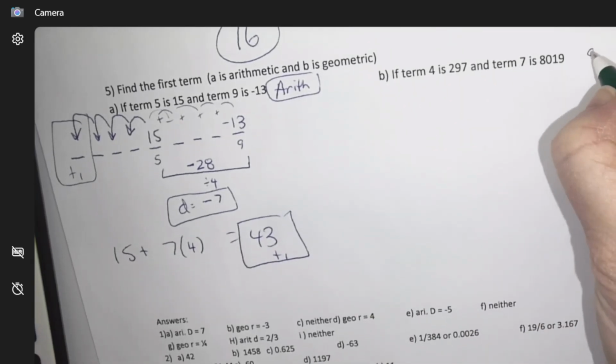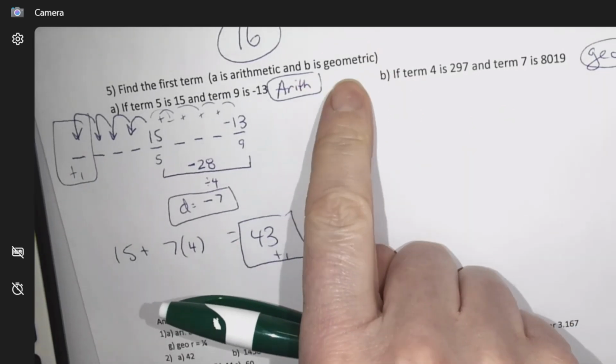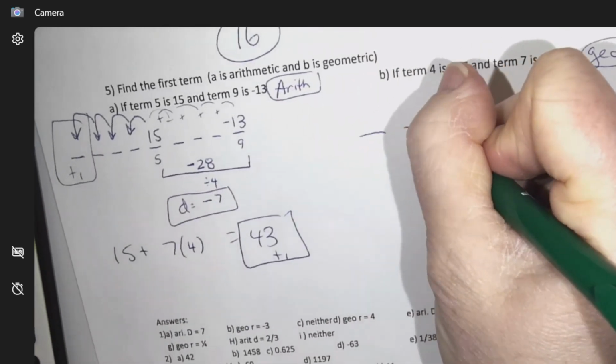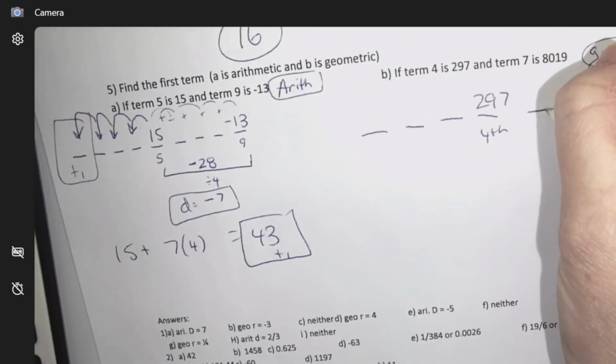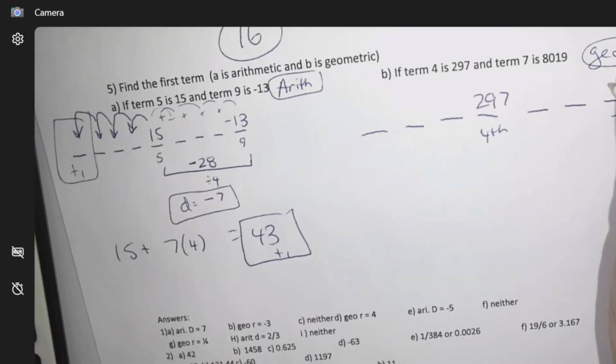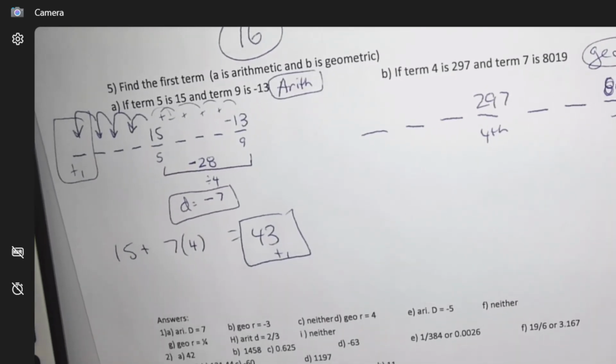Okay, so this one, this is a geometric. Question B is geometric. 1, 2, 3, 4th term. Okay, so here's what I know.